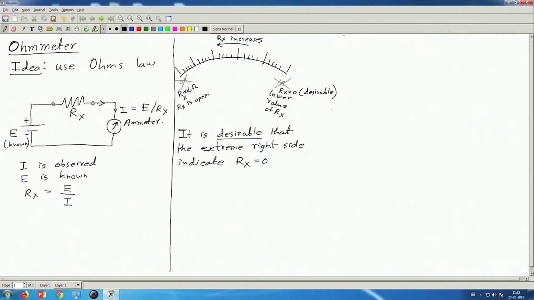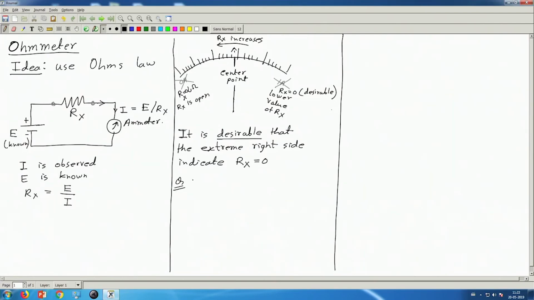Now the next question. Consider the center point on the scale. What will be the value of Rx for which the pointer will be at the center?